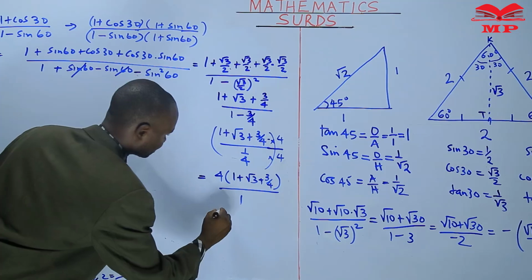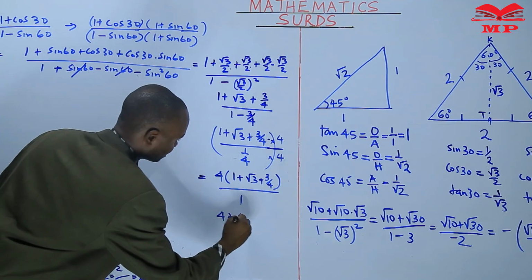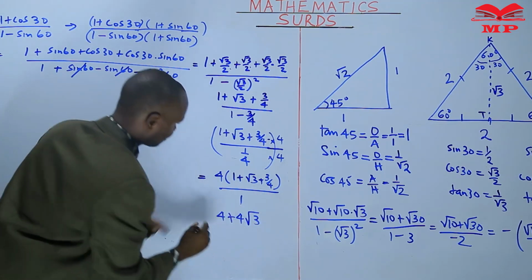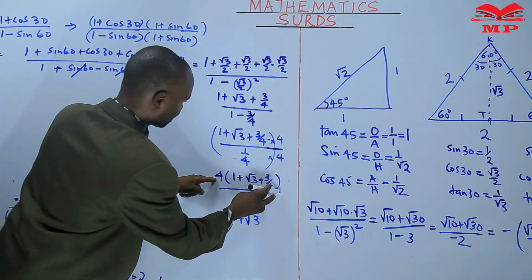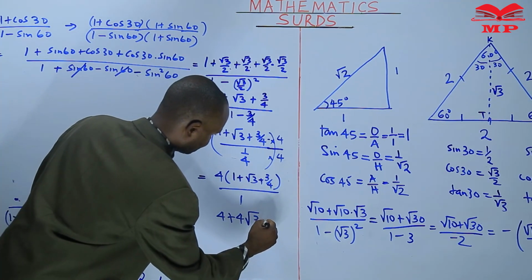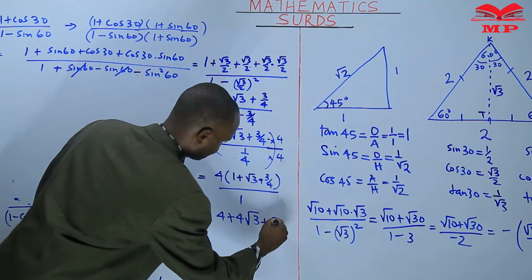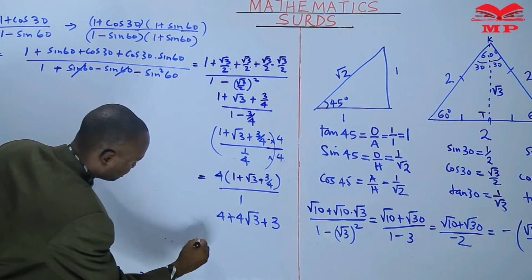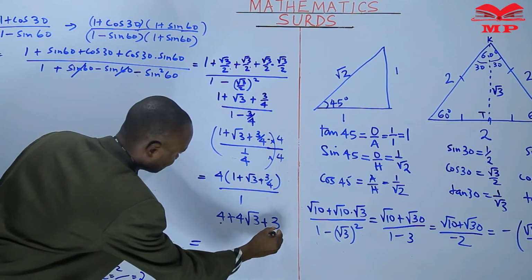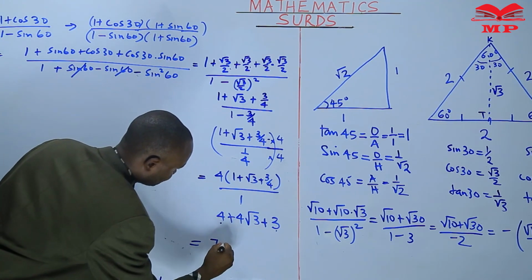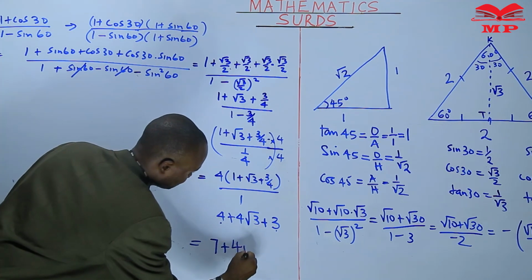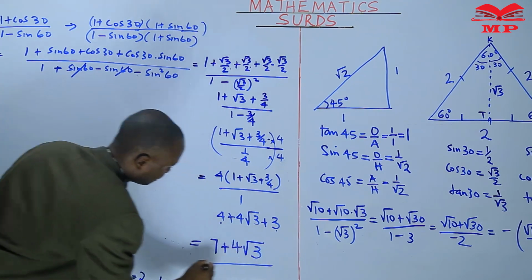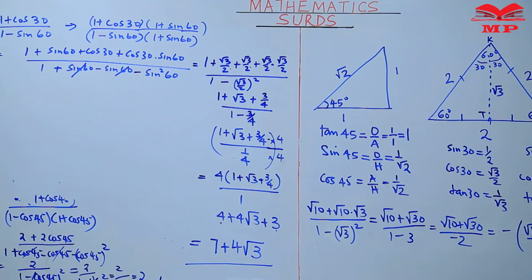I'll open the brackets: 4 plus 4 square root of 3. 4 times 3 over 4, the 4s cancel out and I remain with 3. So the answer will come to 4 plus 3 like terms, 7 plus 4 square root of 3. That gives you your final answer.